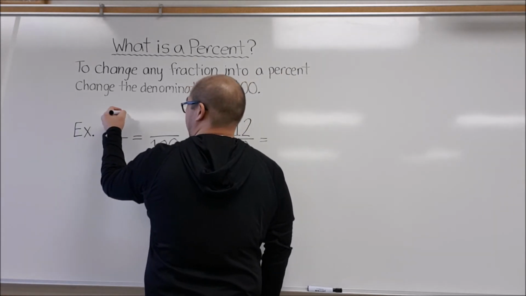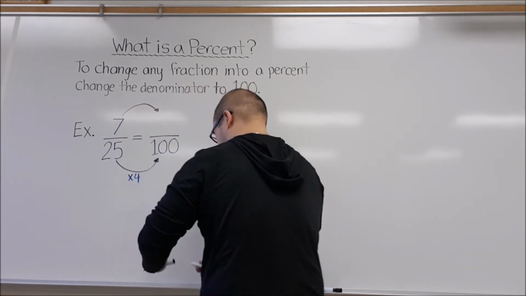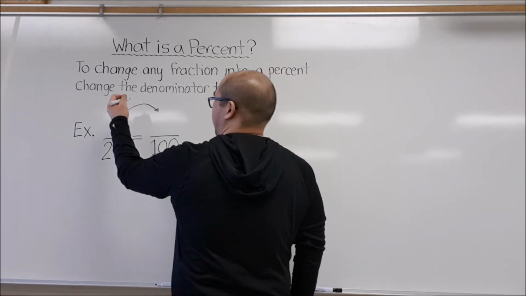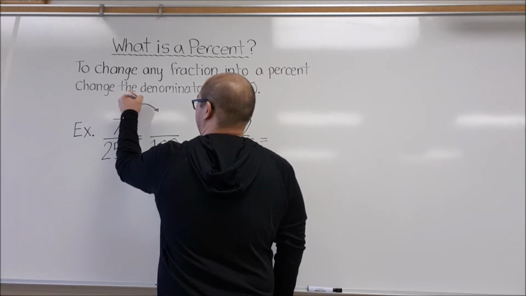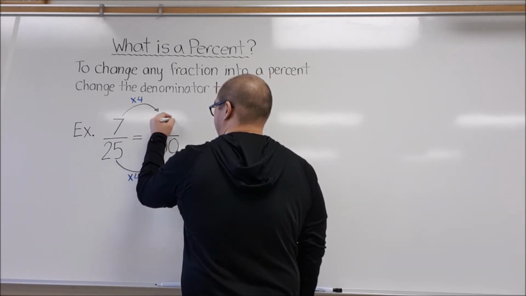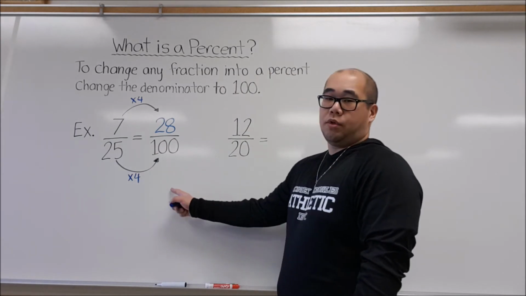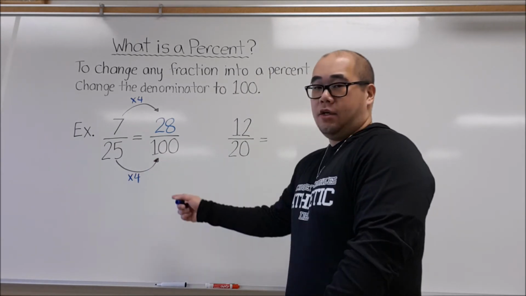So we also have to multiply 7 by 4. And if we multiply 7 by 4, that's going to give me 28. So the answer to this here, the percentage of this fraction, is 28%.